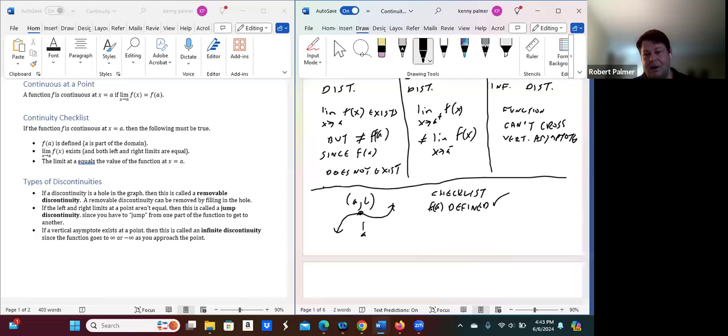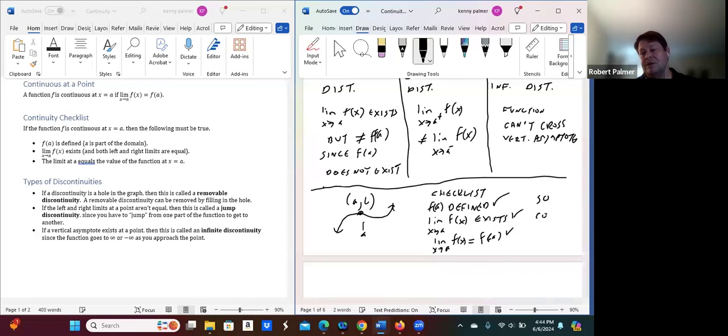All right, the limit as x goes to a of f of x exists. Okay, so it's not going to infinity or negative infinity. Both come to the same point. You see that checks, and then that limit as x goes to a of f of x equals f of a, that checks.